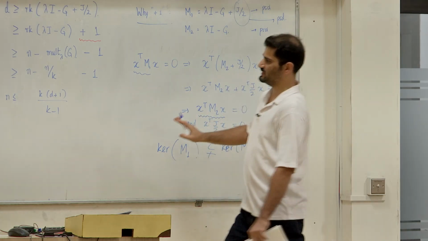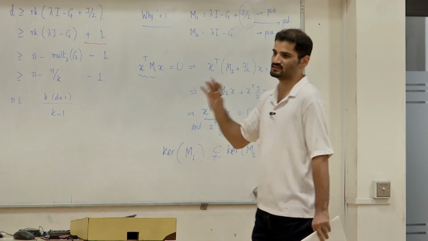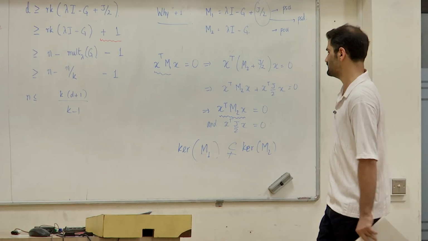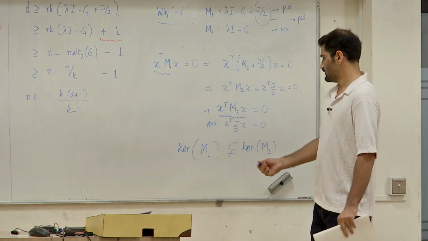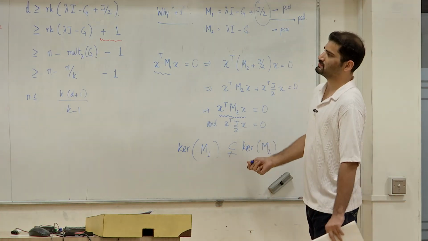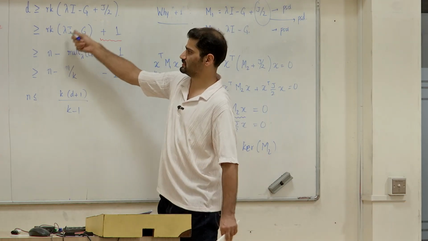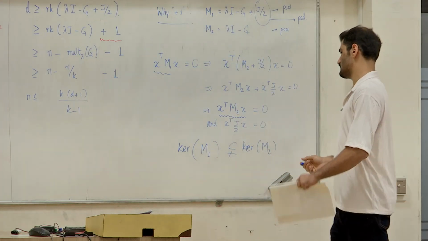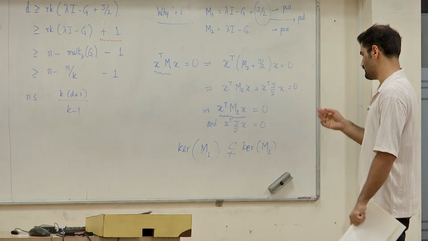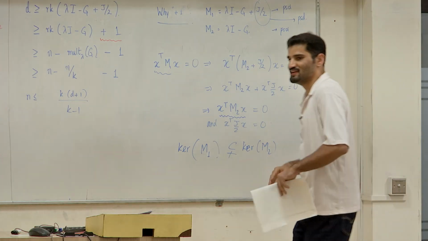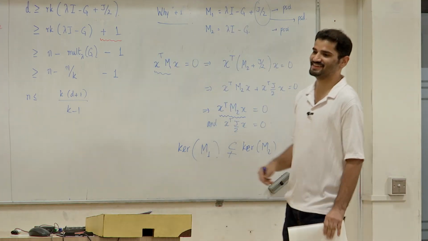This is again by Perron-Frobenius because the largest eigenvector is positive. There is one thing in the eigenspace that is positive, for which this will not be 0. So I get something extra in the kernel of M2, which means the rank of M1 will be 1 larger. I don't know if I said smaller or larger, but I think it's correct.